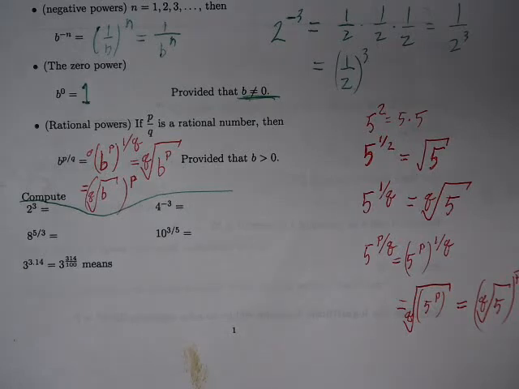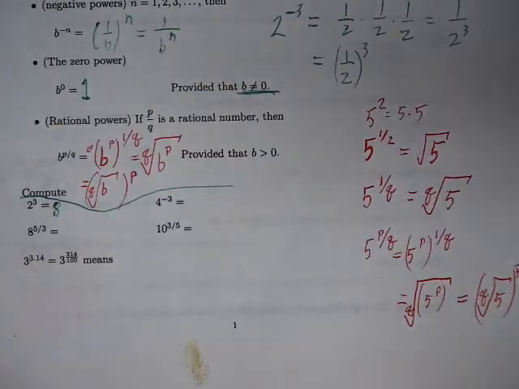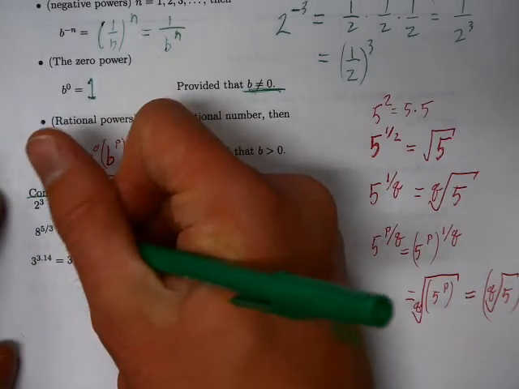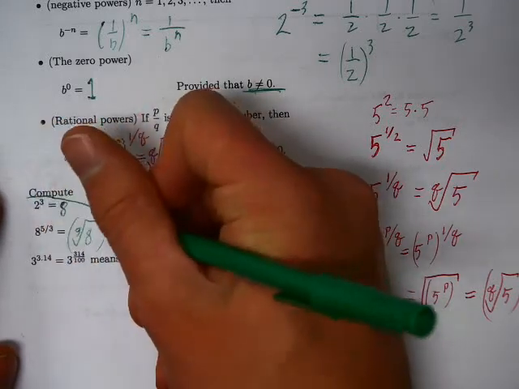What should 2 to the third power mean? It'll be 2 times 2 times 2, and you already know what that is. What should 8 to the 5 over 3 mean? It would be the cube root of 8 to the 5th.